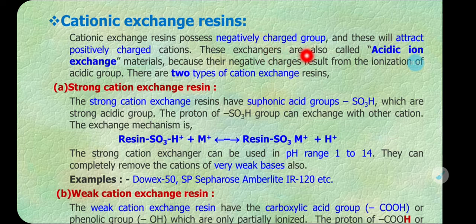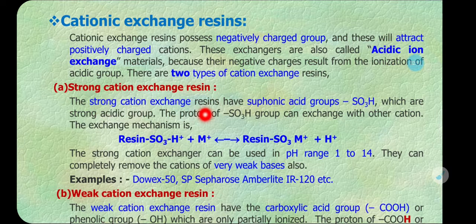These exchangers are also called as acidic ion exchange material because their negative charge results from the ionization of acidic group. This cation exchange resin are of two types. First is strong cation exchange resin and second is weak cation exchange resin.